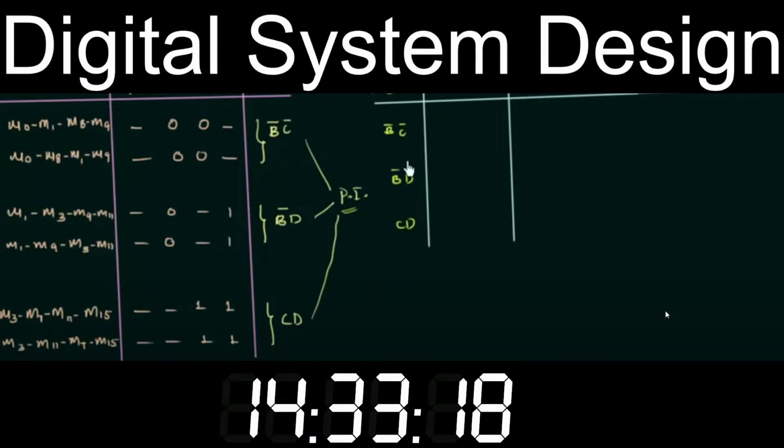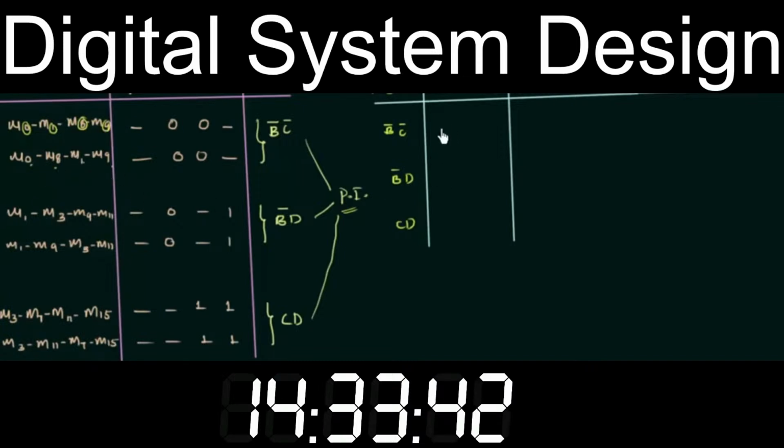First column will have the prime implicants, second column will have the min terms involved. In B complement C complement, you can see we have m0, m1, m8 and m9.